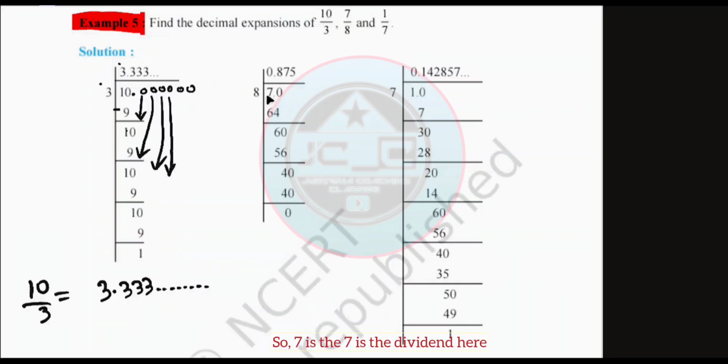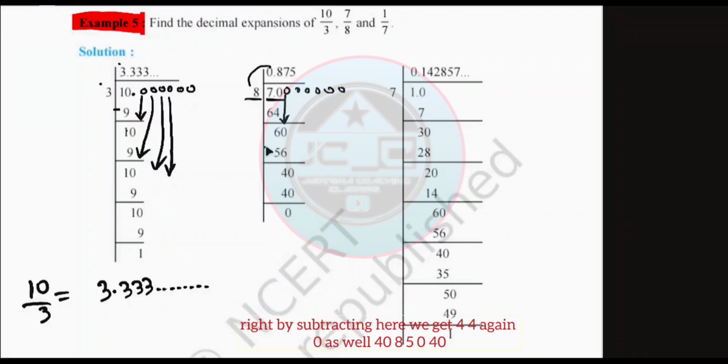The next example is 7 upon 8. 7 is the dividend here and 8 is the divisor. 8 0s are 0, and putting that, again we get 7. After putting the decimal, we can have an infinite number of zeros on the right hand side. So we get 70. 8 8s are 64, subtracting we get 6, then 0 comes down, 60. 8 7s are 56, subtracting we get 4, again 0 as 40. 8 5s are 40.